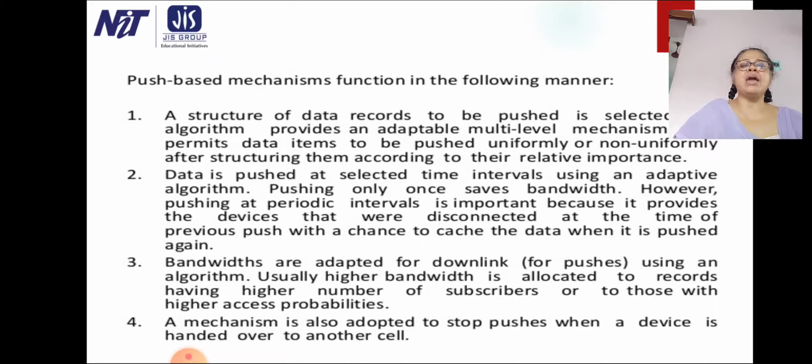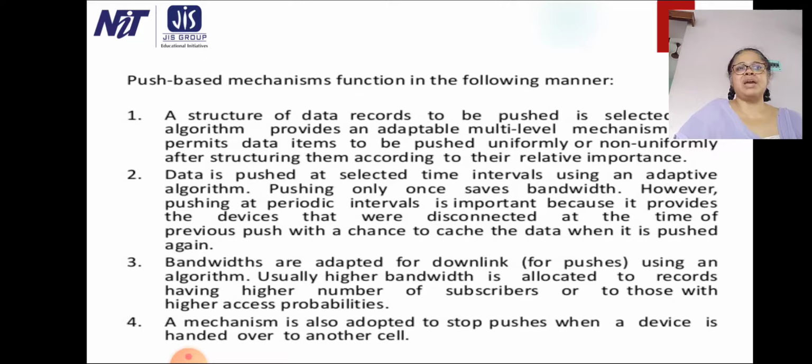Usually, higher bandwidth is allocated to records having a higher number of subscribers or to those with higher access probabilities. A mechanism is also adopted to stop pushes when a device is handed over to another cell.